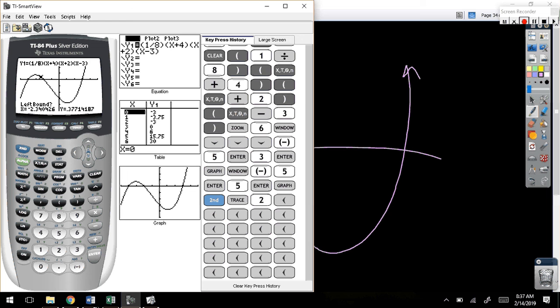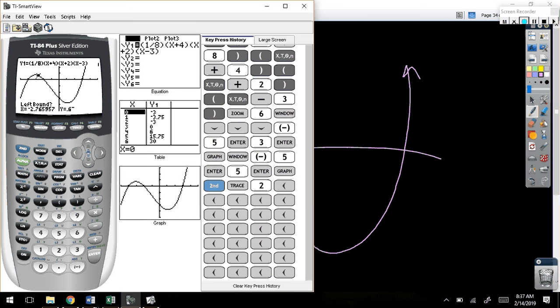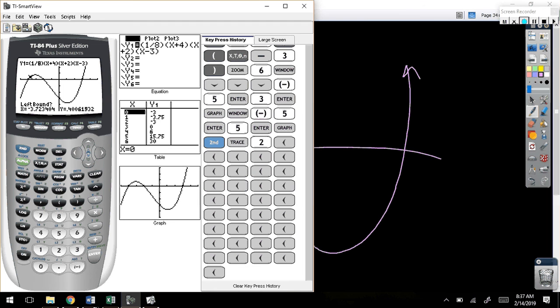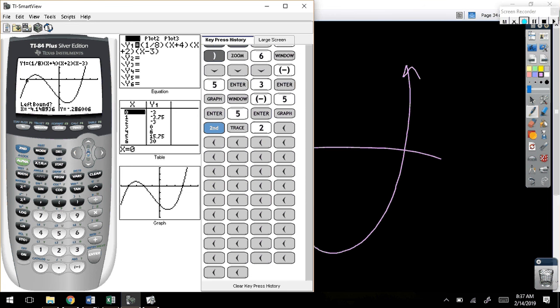I'm still not there. That's pretty close to on it, but I need to make sure that I cross the axis to the left side. Now I'm clearly to the left of the 0. Do we agree? Hit enter. Does it matter how far left you go? Just don't go past another 0.